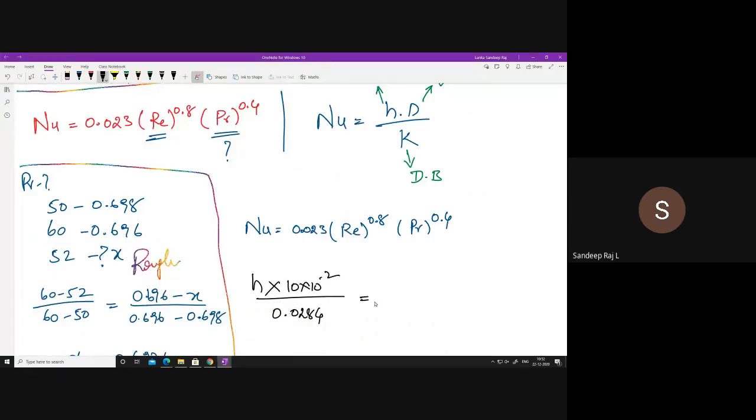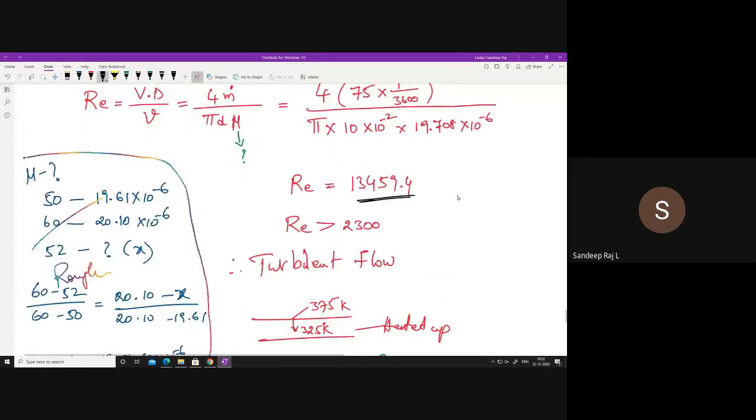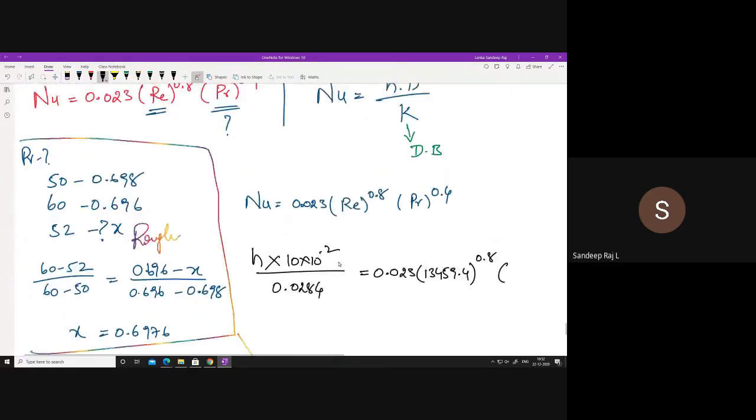On the right hand side, 0.023 into the Re value we found, 13459.4, over 0.8. The Prandtl value is 0.6974 over 0.4.